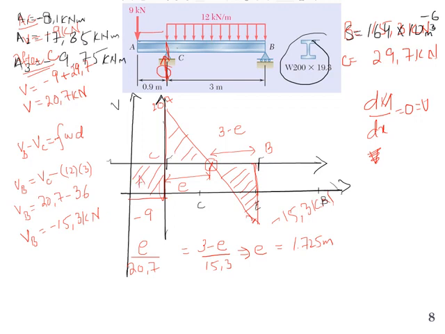Let me write A1, A2, and A3. So A1 will be simply minus 8.1 kilonewton meter, and that will be the moment at point C.